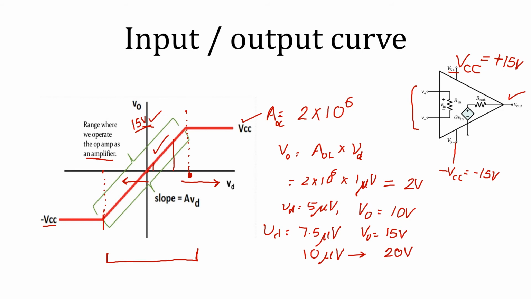So if somebody asks you that the gain is 2 into 10 raised to power 6 and you are given VD, that is differential voltage, of, let's say, 1 millivolt, what is the output? As per the gain and VD formula, the output seems to be, I am saying seems to be, 2000 volt, yes, 2 kilovolt, but it is not possible.